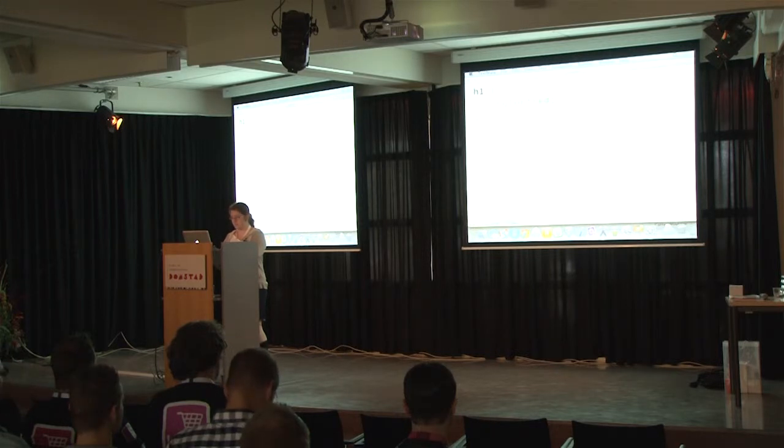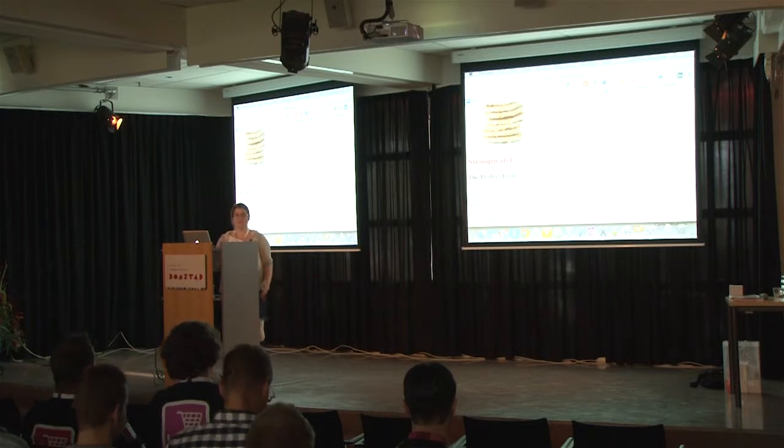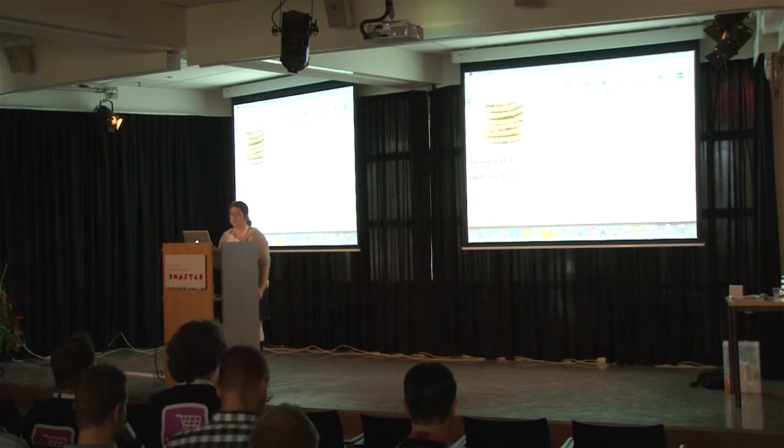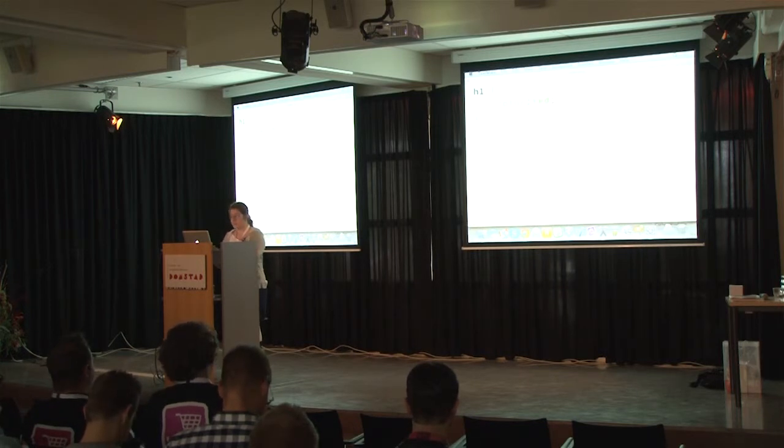Let's see if we reload the page. Yeah, good. So right now, we just have a basic index.html page and a style sheet. So in order to turn this into an SCSS project, I need to rename the style sheet.